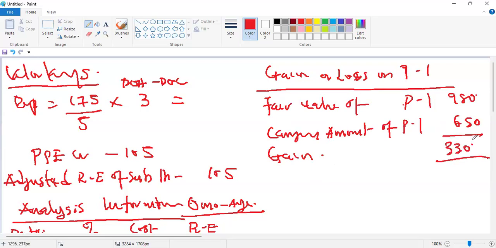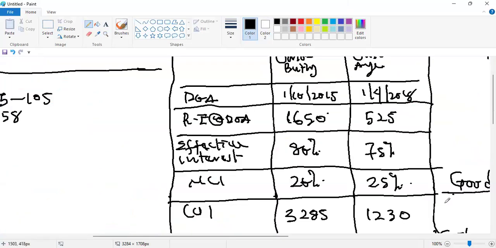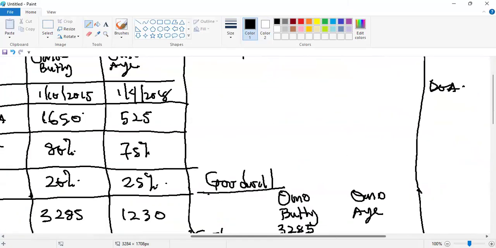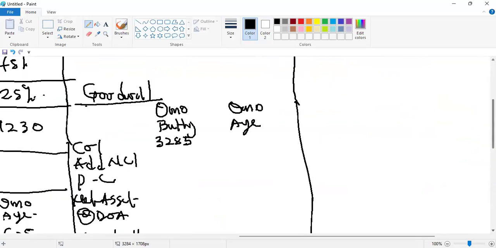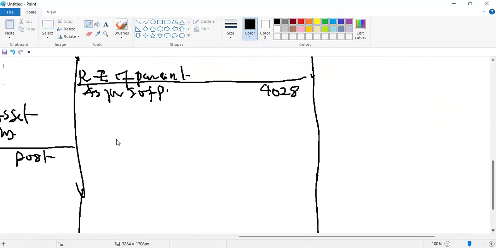What will I do with the 330? I'll go and credit retained earnings. Where is the second leg? You debited investment, so this 980 is going to the goodwill calculation. It's there already. Then the retained earnings of the parent: gain on previous investments of 330.